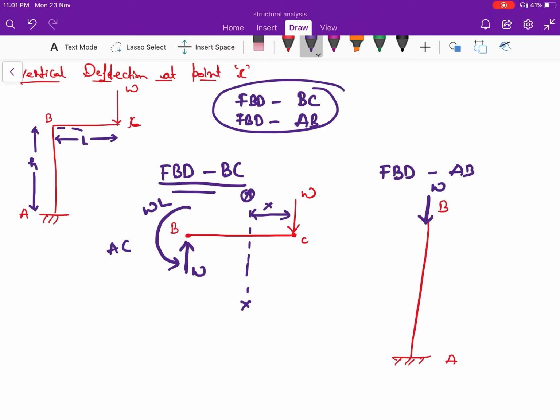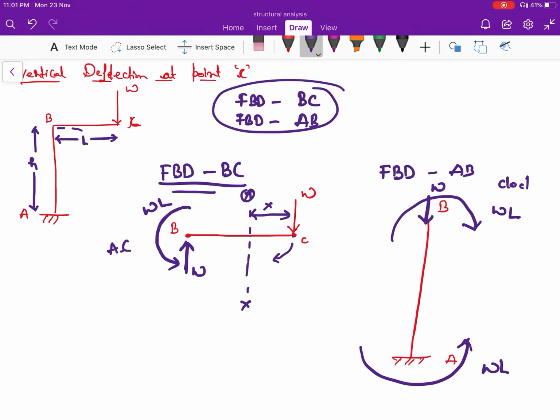The moment is acting anticlockwise. If the moment is acting anticlockwise there, it is going to act in the clockwise direction here, which is W into L. If here it is clockwise, then at the next point, in order to counteract this, it will act in an anticlockwise direction. This is what the balanced structure is. This W with respect to B is acting in the clockwise direction.